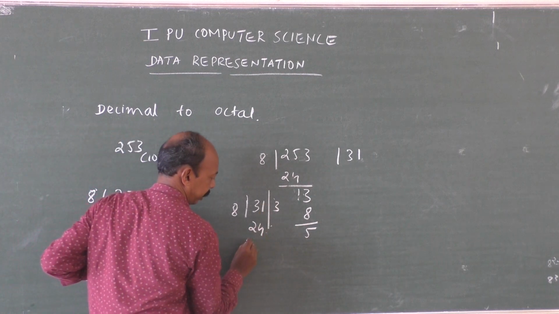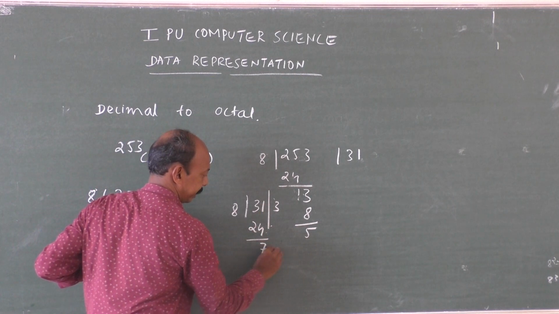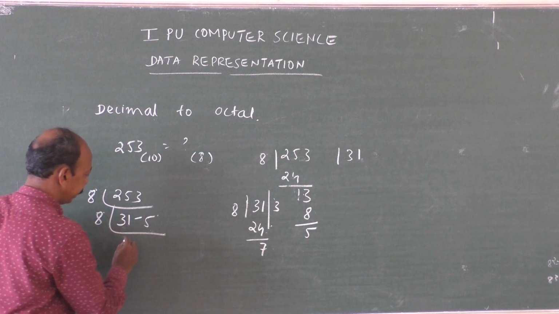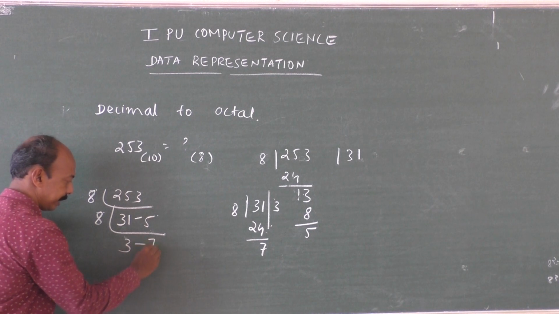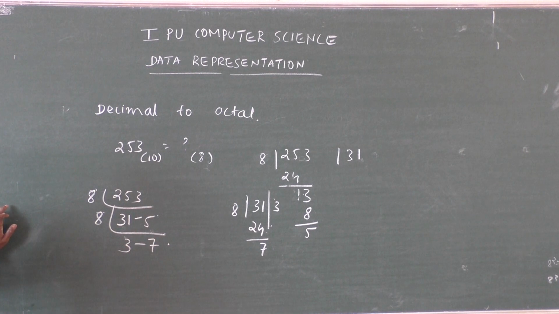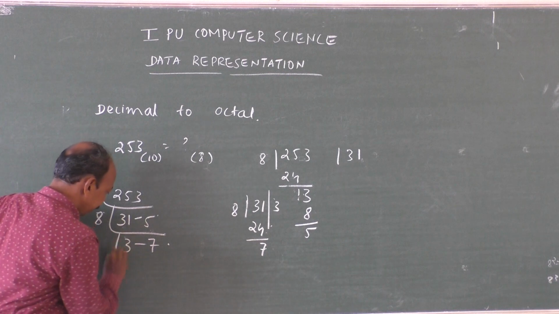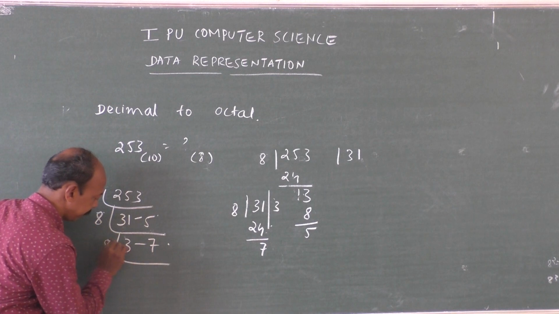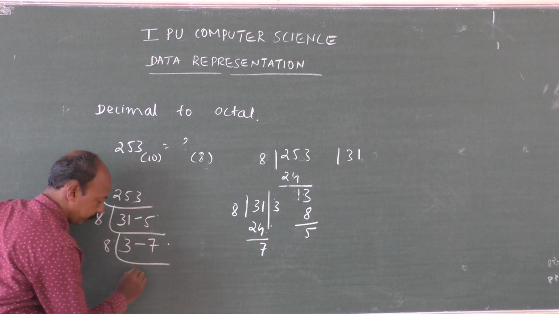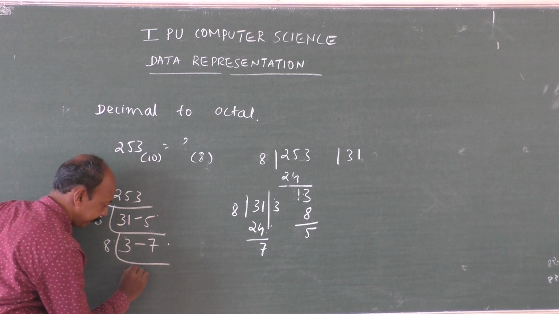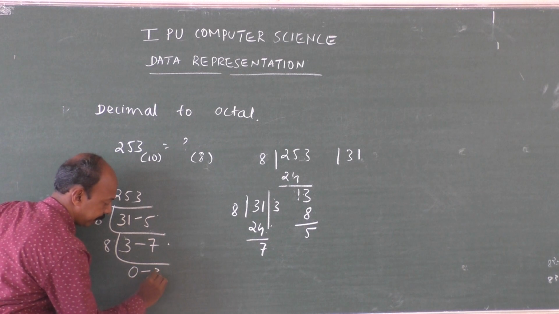This will be 31 minus 24 will be 7. So what should we write? Quotient 3 times, that's 24. Remaining is 7. Once again divide by 8. We can't divide 3, so 3 becomes the remainder, that's why 0 and 3.